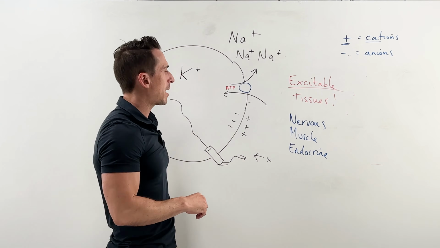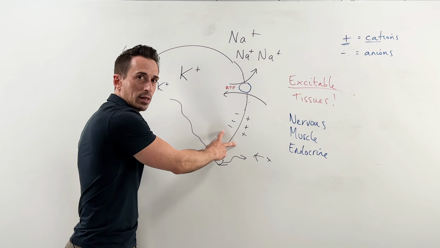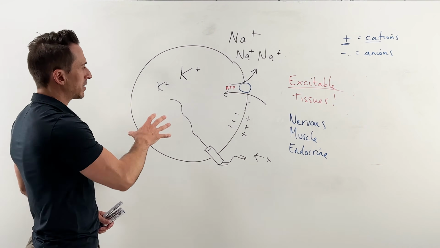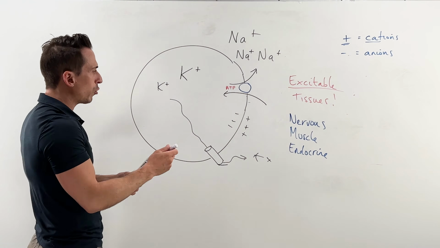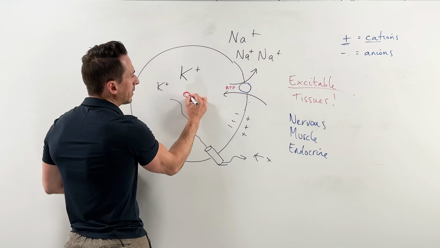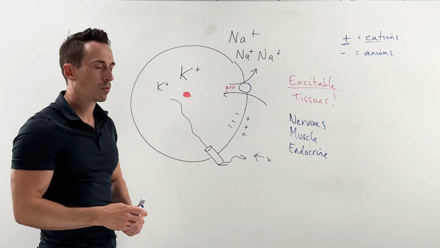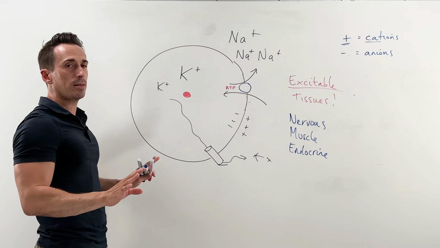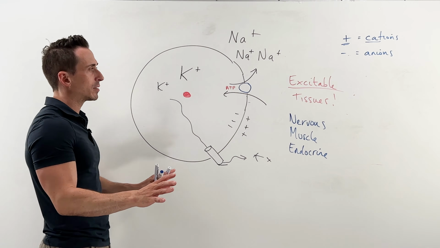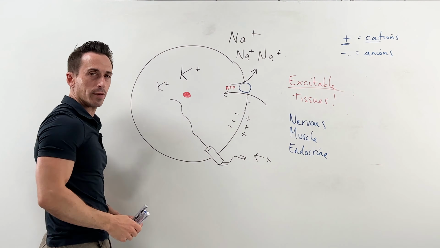And in order for that to happen, we need to have a charge difference from inside of a cell to outside of a cell. Let's just say that this cell is an endocrine cell. There's a hormone sitting inside of this cell waiting to be released. But at the moment, it hasn't been excited to release yet. At rest, what we need for a cell, at rest, not when it's excited, we need the sodium-potassium pump to set up a concentration difference.